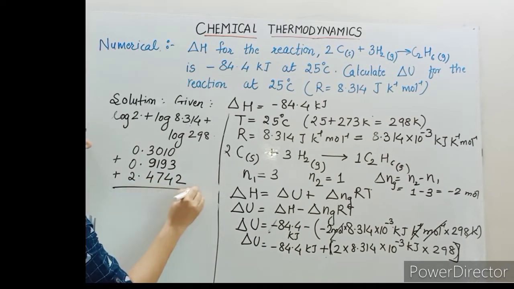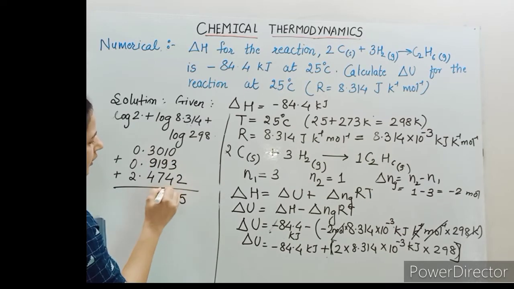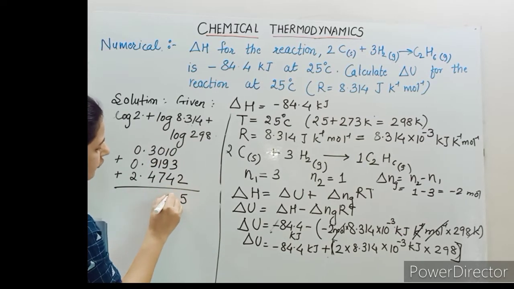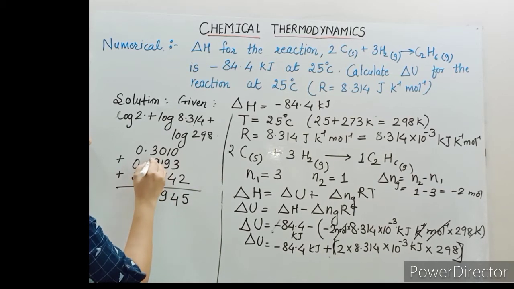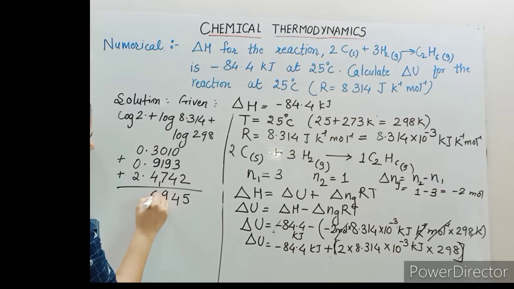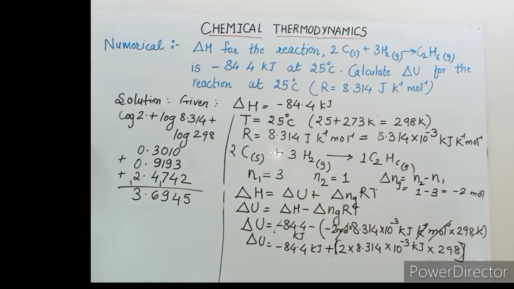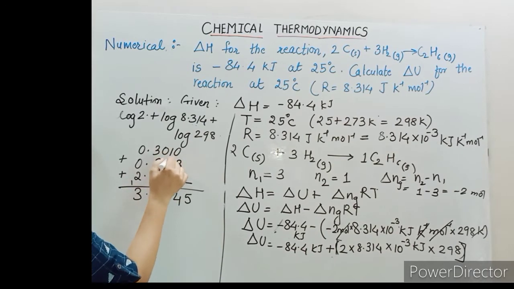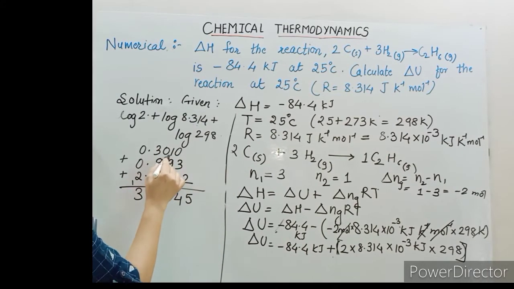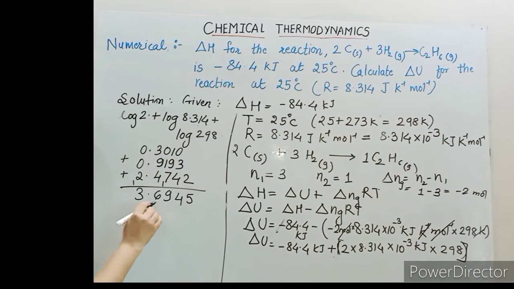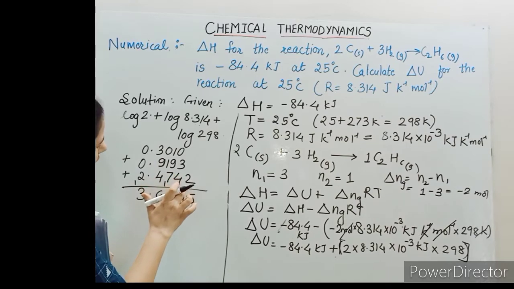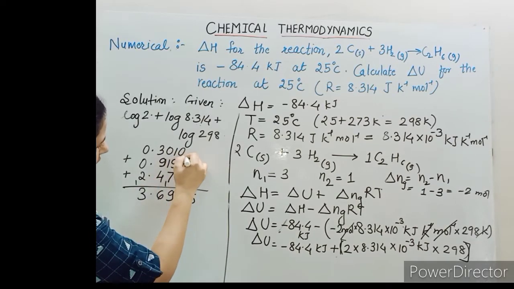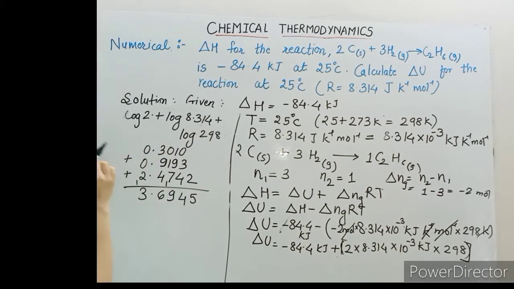Now just add it up: 5, 9, 10, 14, 9, 16, 3, 9, 10, 14. So the answer is 0.6945.